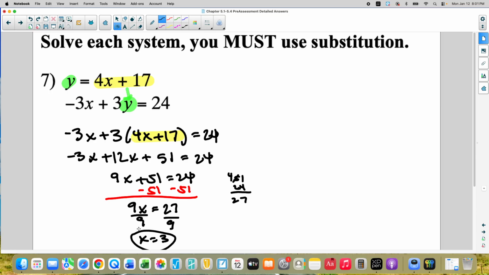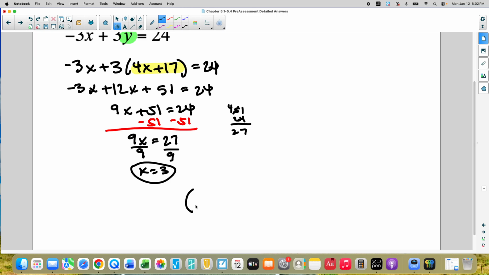That is the x value that both of these equations share. Now, if I want to find the other one, I need to find my y value. I found the x part of the coordinate. I know that the solution has an x value of 3, and now I have to find this y value.